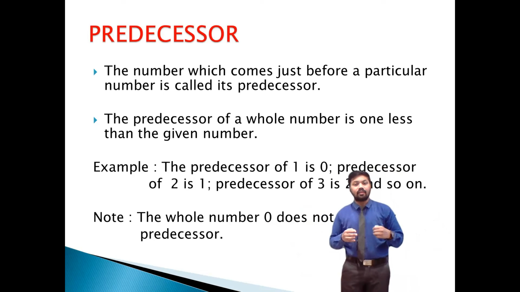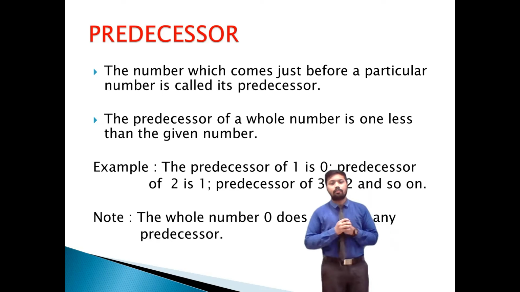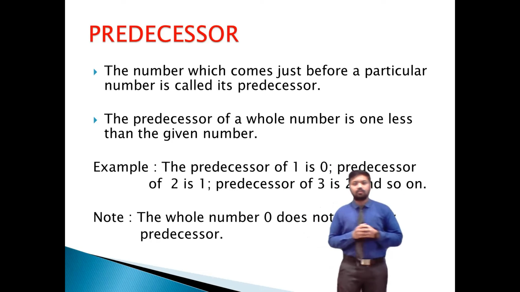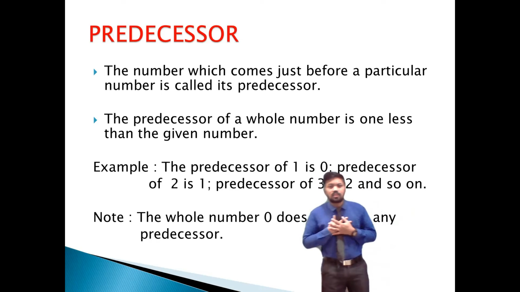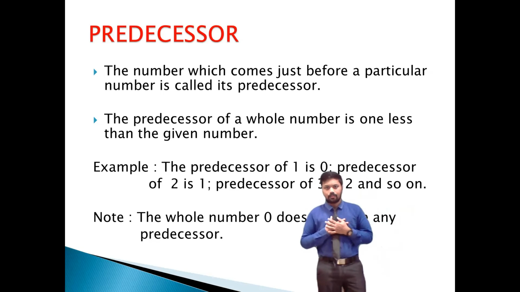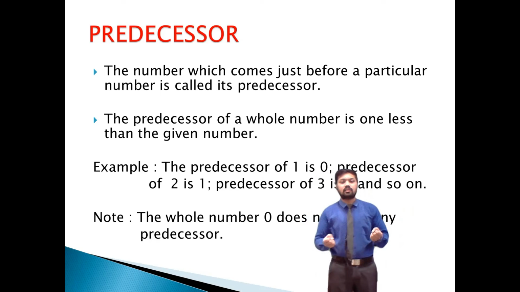Now, I have a small doubt. What is the smallest whole number? 0. Does 0 have any predecessor? 0 minus 1, how much is it? Up to now, we don't know what 0 minus 1 is, as students of grade 6. So in whole numbers, 0 does not have any predecessor, because it is the smallest whole number.